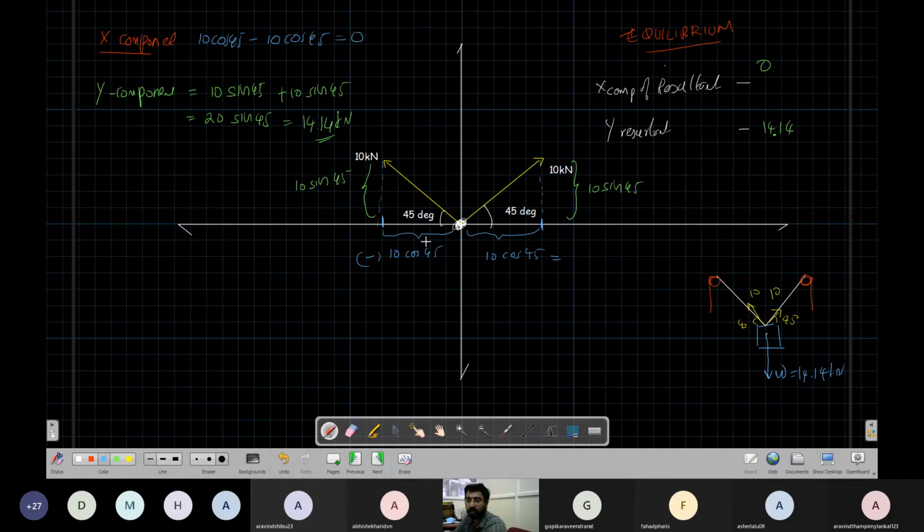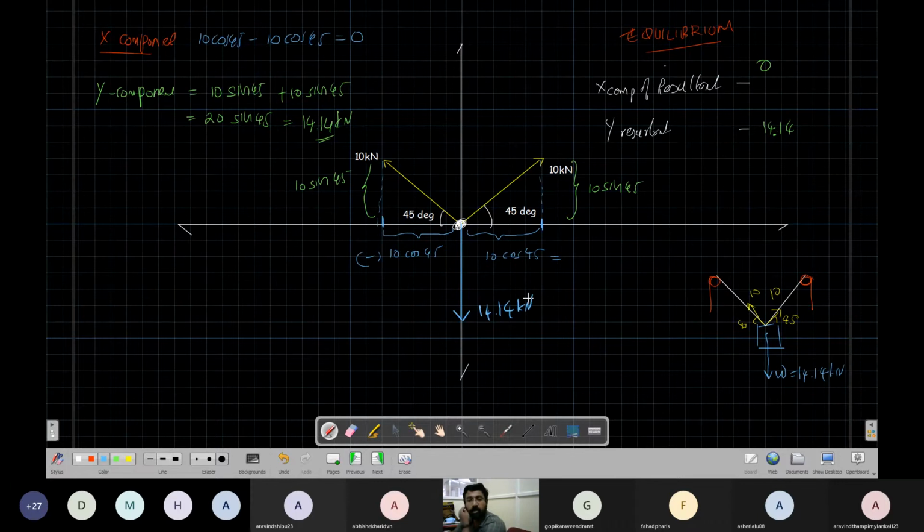But this system is not complete now. I have to add the last force, which is the weight. The magnitude of this is 14.14.